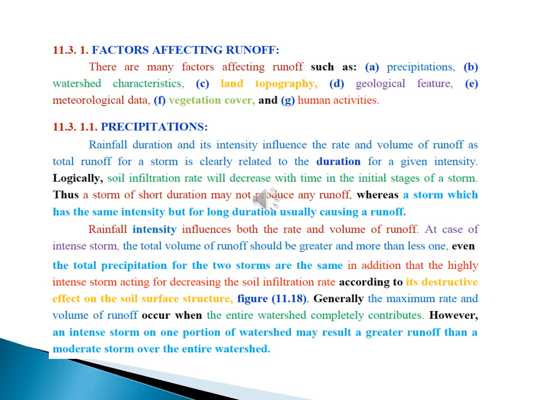Rainfall duration and intensity influence the rate and volume of runoff, as total runoff for a storm is clearly related to the duration for a given intensity. Logically, the soil infiltration rate will decrease with time in the initial stages of a storm. Thus, a storm of short duration may not produce any runoff, whereas a storm which has the same intensity but long duration usually causes runoff.